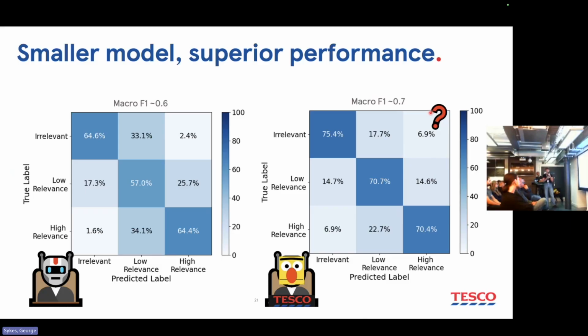But it is worth noting that we do have quite a high false positive rate here on irrelevant labels being labeled as relevant. And so this highlights the importance of not just taking these individual macro F1 scores as a measure of performance, but actually breaking down your performance across different label types.